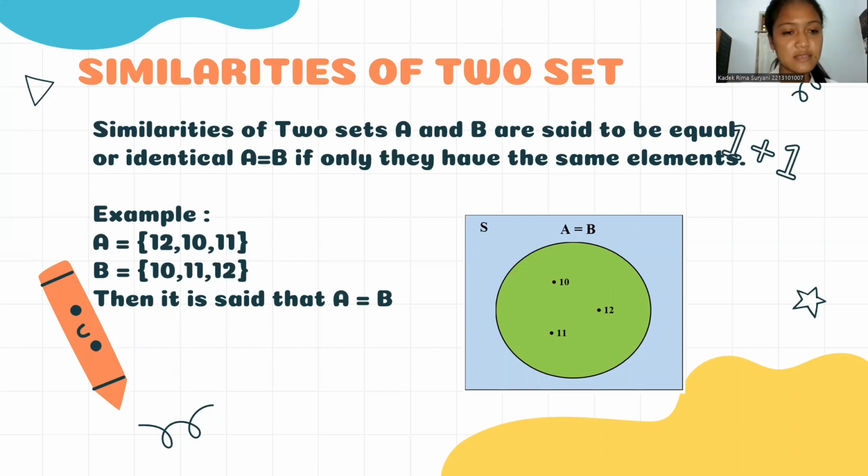Then it is said A equals B. On the slide, there is an example of a Venn diagram according to this example, where the members of A, namely 12, 10, and 11, are also members of B, namely 10, 11, and 12.